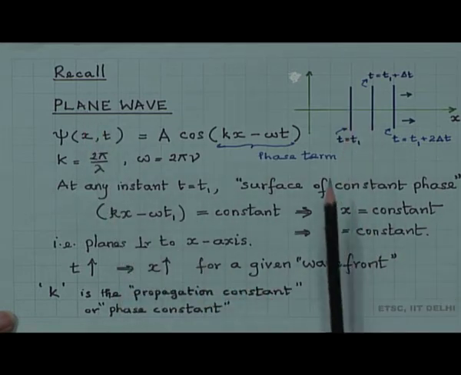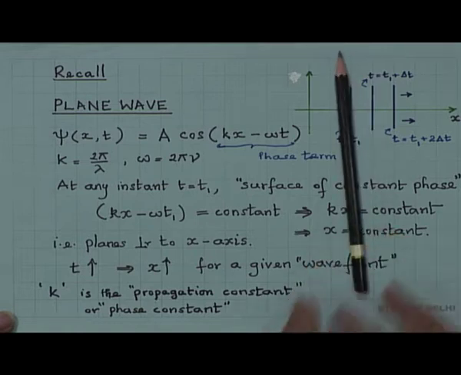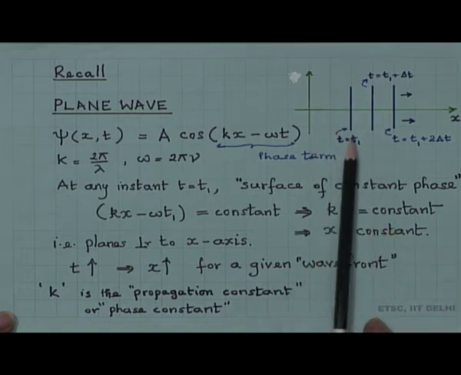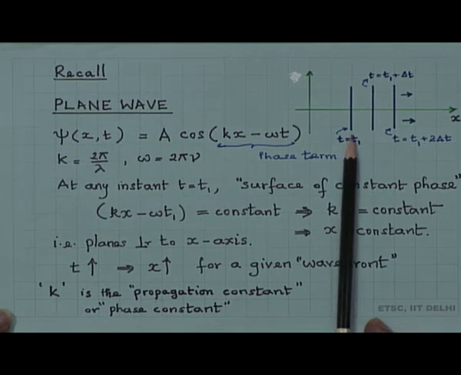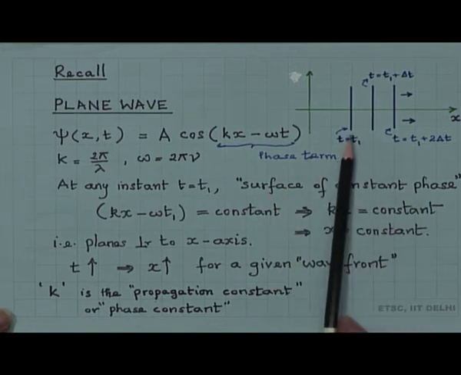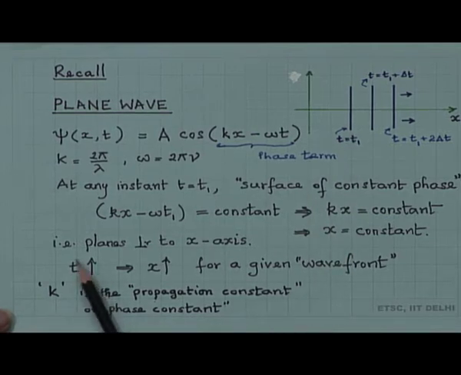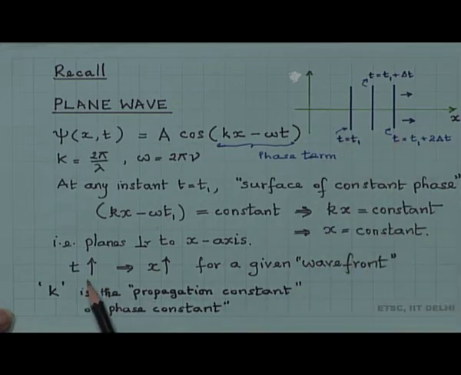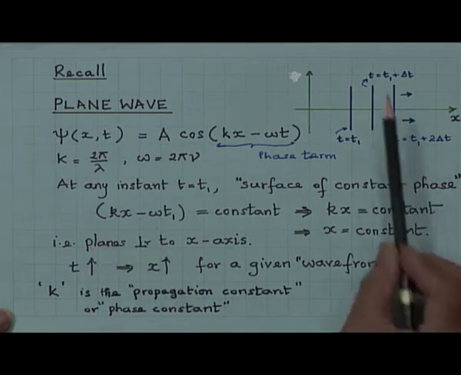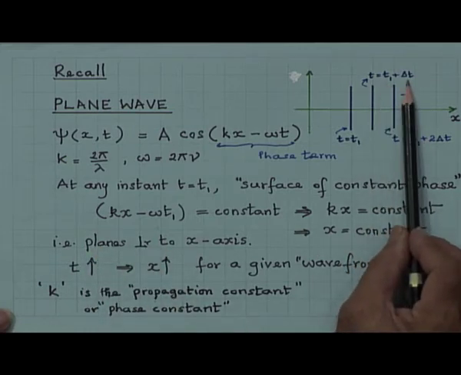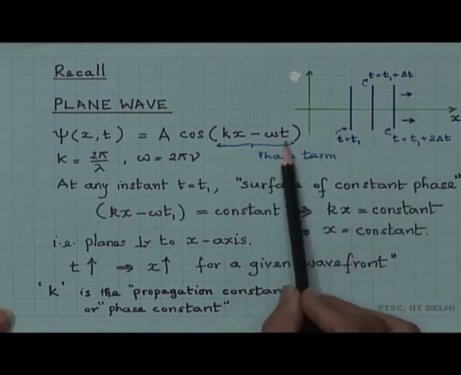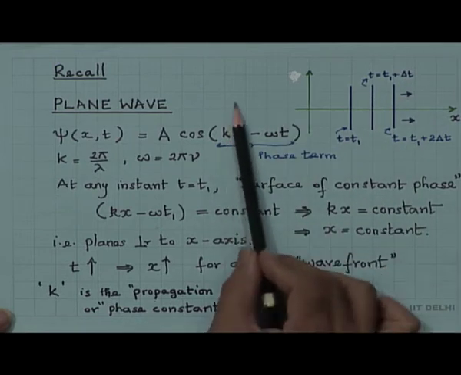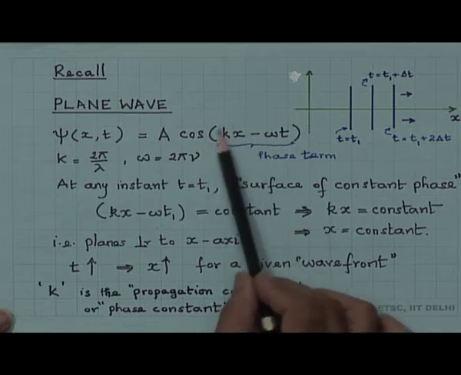So, at t is equal to t1, we have a plane which is shown here, the surface of constant phase or the wave front. The wave front is a plane. Now, at a later time, these are planes perpendicular to the x axis. As t increases, let us say at t is equal to t1 plus delta t, x has to increase if this term has to remain constant.